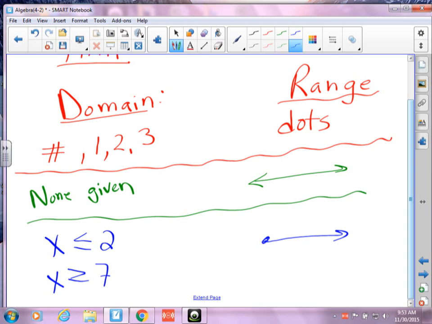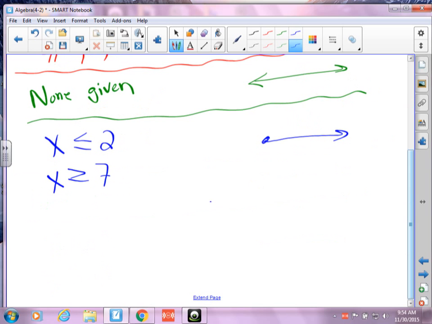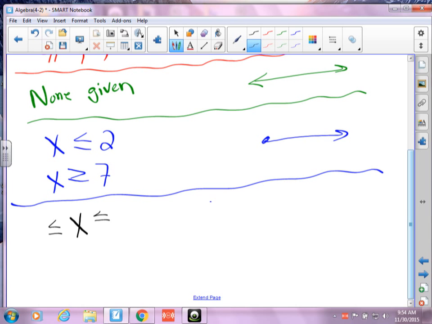It's called a ray. And if you have something like this, where you have a number here and you have a number here, okay, you're going to have a dot like this.